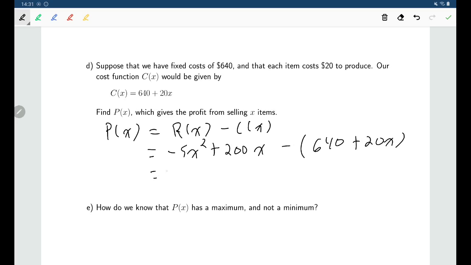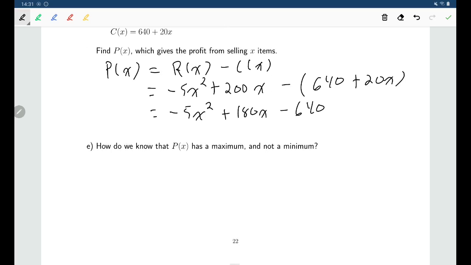And when I simplify that, I have negative 5x squared plus 180x minus 640. And again, the same follow-up question as before, how do we know that we'll have a maximum profit and not a minimum profit? Well, that's because P of x, the graph of that is, again, a parabola opening downward.